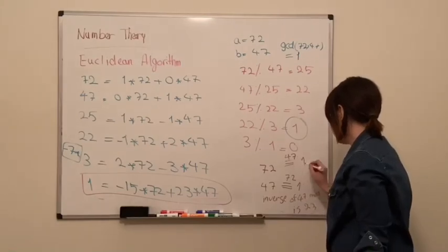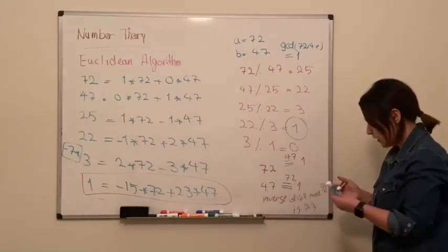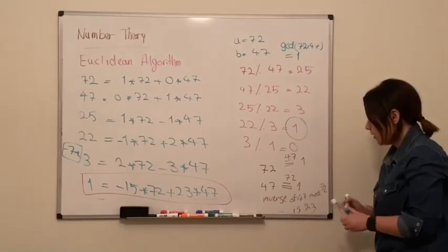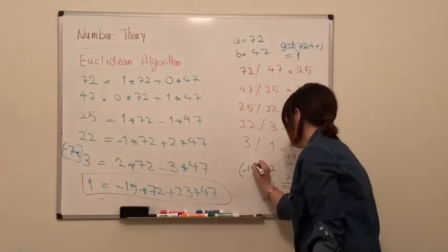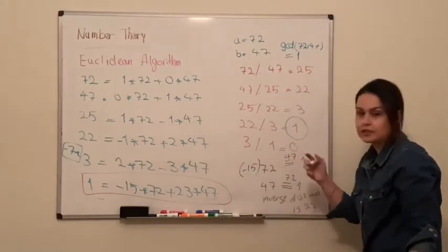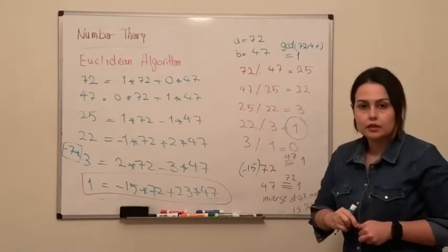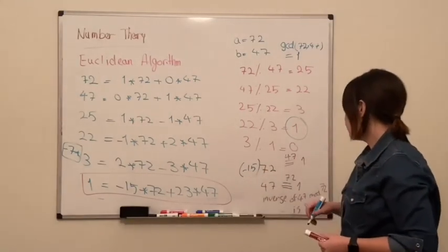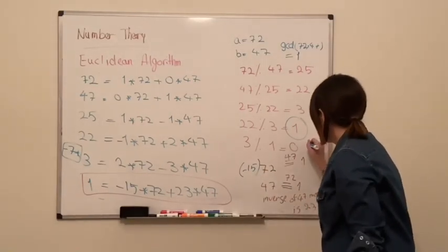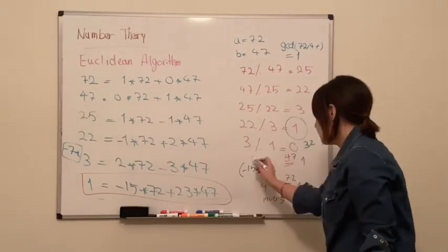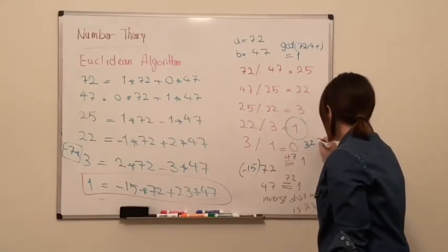And when I say the inverse is negative 15, when I'm in mod 47, it means I can add 47 to that and say that 32 is the inverse of 72.